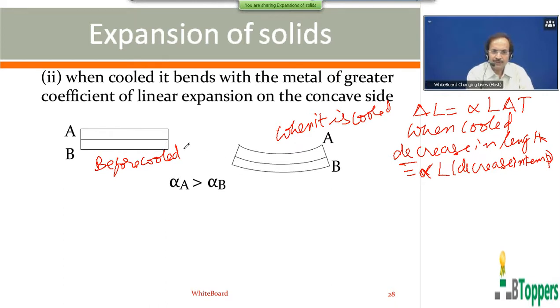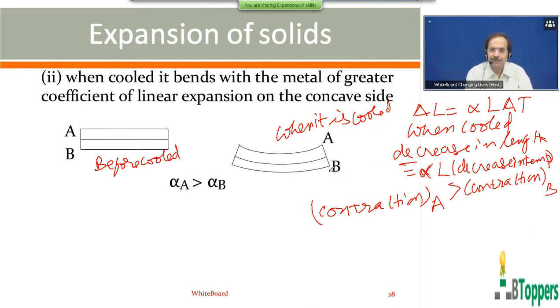When it is cooled, the decrease in length, or contraction, will be more for the metal A, which has the greater coefficient of linear expansion, compared to the contraction or decrease in length for the rod made of the other metal B with the smaller coefficient of linear expansion.